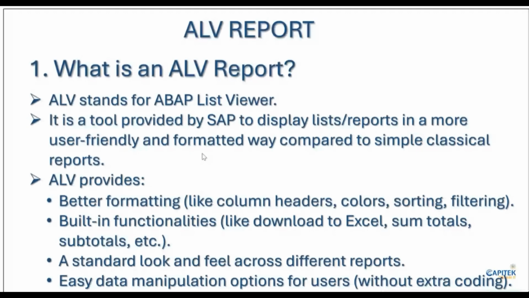You cannot select any column, and you cannot go for sorting the data on the fly. Those options are not available in the classical reports concepts. That is one example of a big difference when we compare ALV reports with respect to the classical reports.